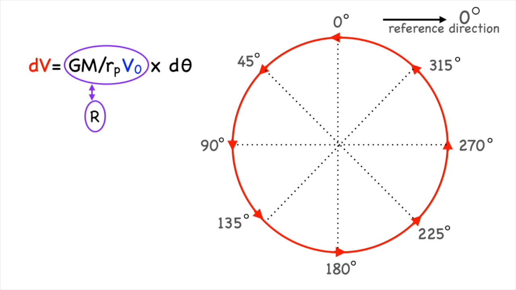As before, GM divided by r sub p times v naught equals capital R, the radius of our dV circle. In this case, we don't know r sub p, as I have said, or v naught, but we do know their product because k equals 1/2 times r sub p times v naught, or 2k equals r sub p times v naught.